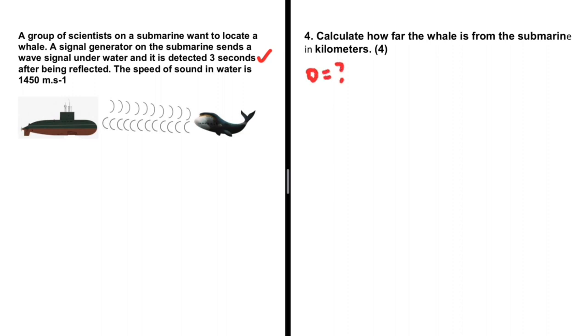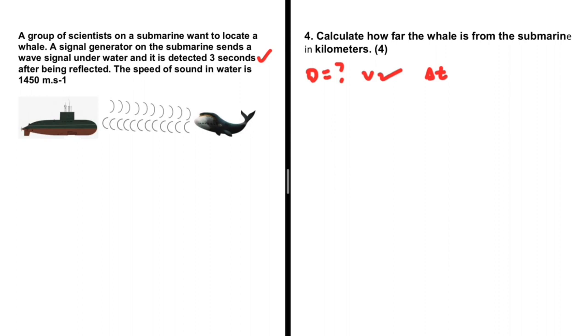What information do we have? We have the speed of sound in water, V, which is said to be equal to 1,450 meters per second. Obviously, we need the time to say that the distance is equal to speed multiplied by time and calculate how far the whale is from the submarine.